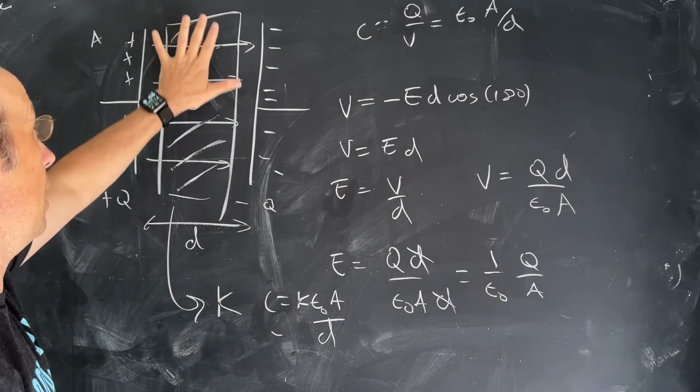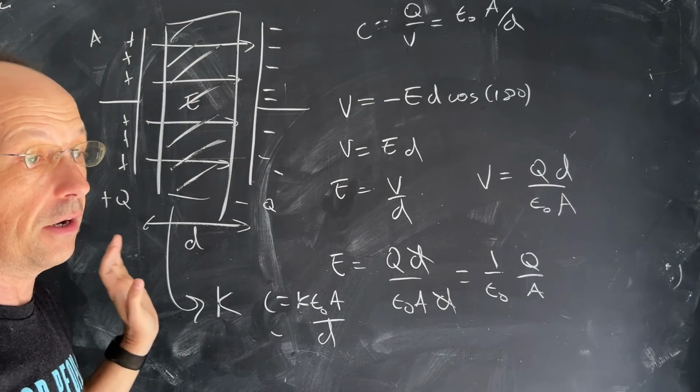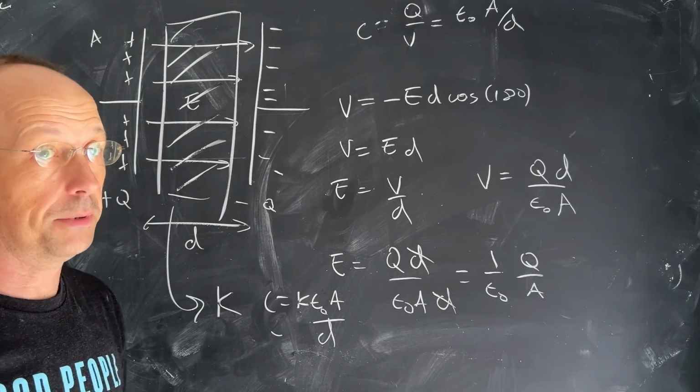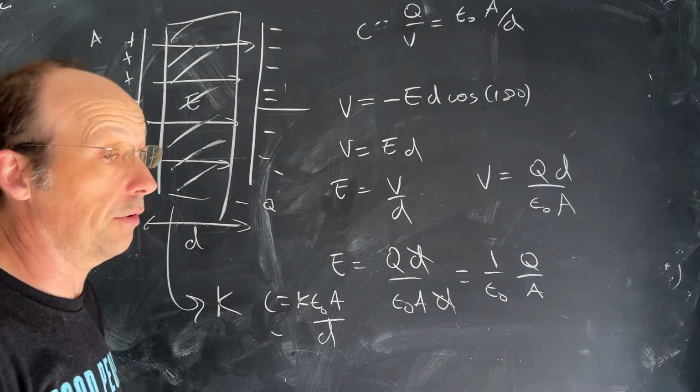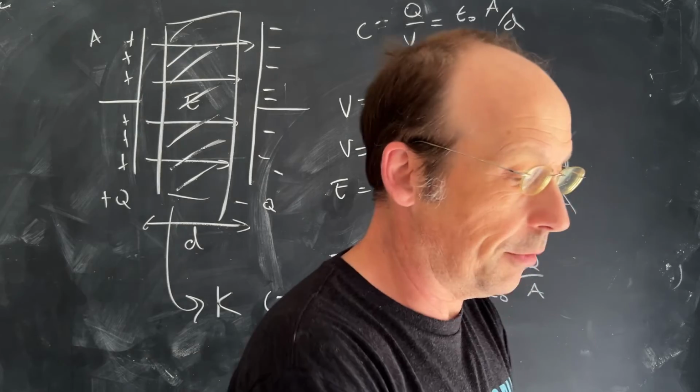What happens is that material becomes polarized, and it changes the electric field inside to give a higher capacitance. But that's not a huge deal. I mean, it comes up a lot sometimes.